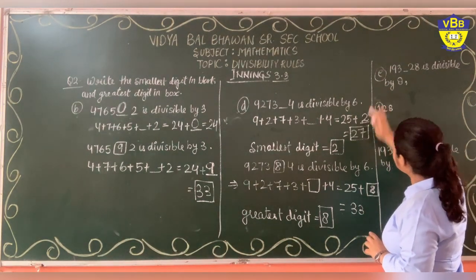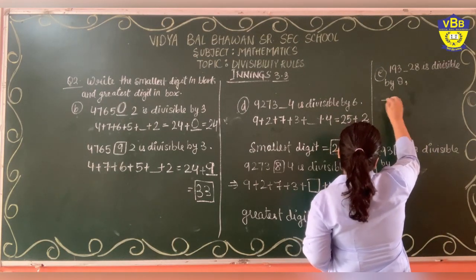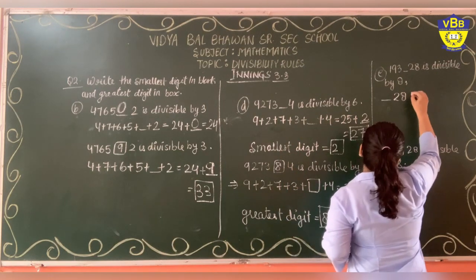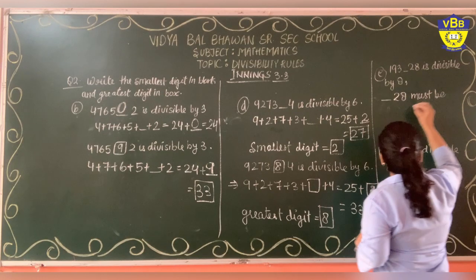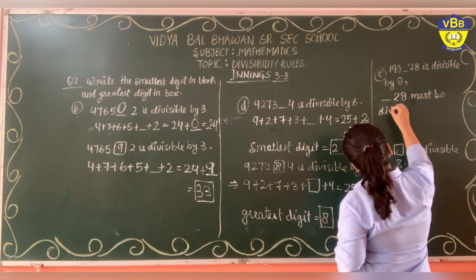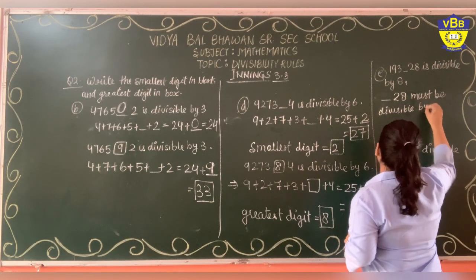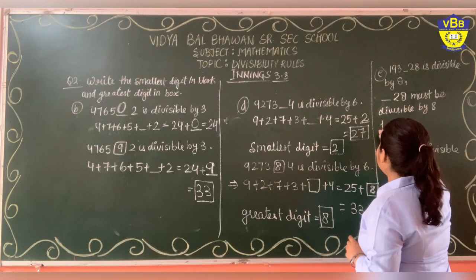So what is the smallest number? You can see this should be divisible by 8. So the smallest number possible is 1.